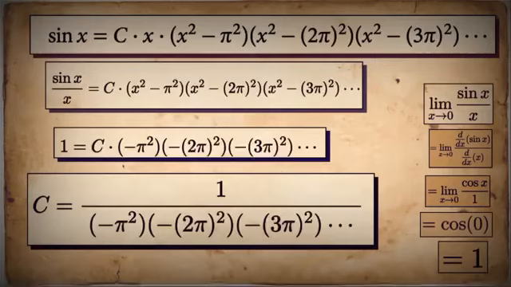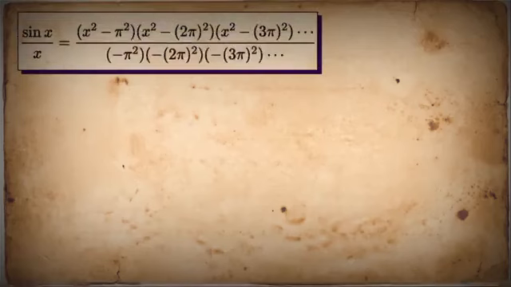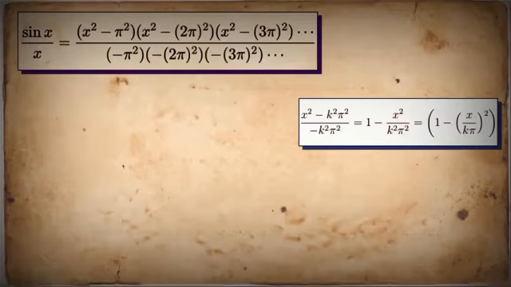This is an infinite product with a specific value, which we now know is the value that makes the entire sine formula consistent. Substituting c back in, the sine of x divided by x becomes the ratio of the product of x squared minus (k pi) squared over the product of negative (k pi) squared, for k from 1 to infinity. Each individual ratio simplifies in a clean way.